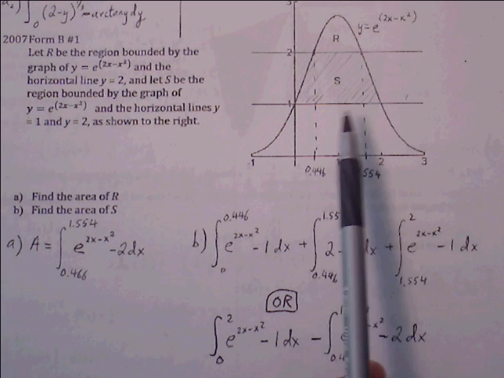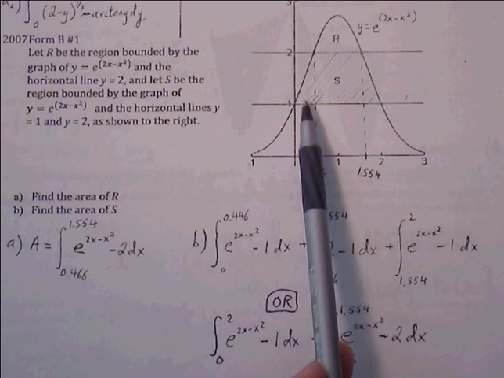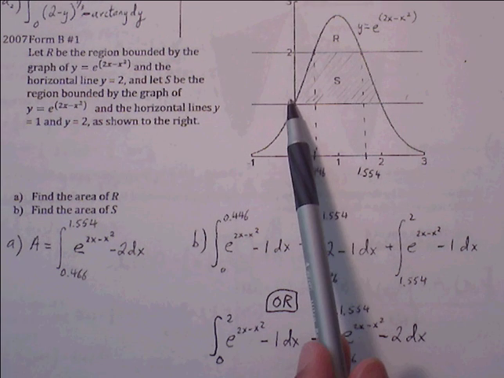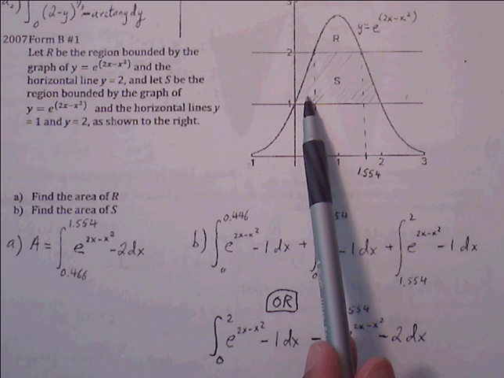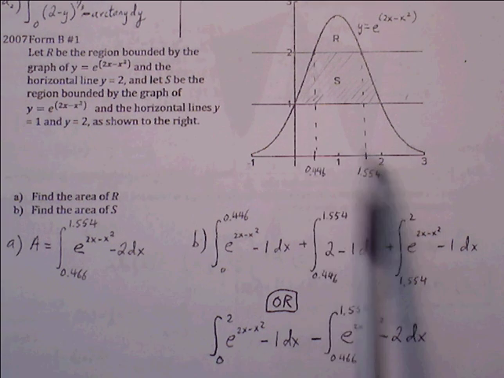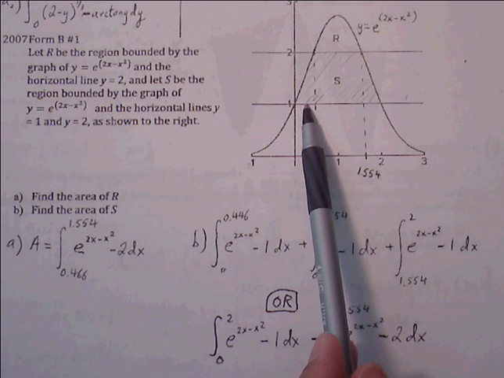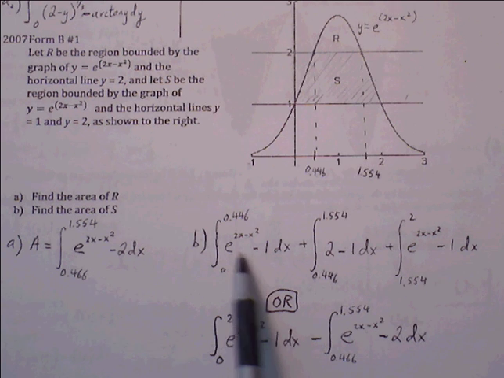But I think a more straightforward way is just to split this up into individual area segments. The first region here, this little triangle-looking region, is from 0 to 0.446, top curve minus bottom, so the exponential minus 1. That will give me the first region.